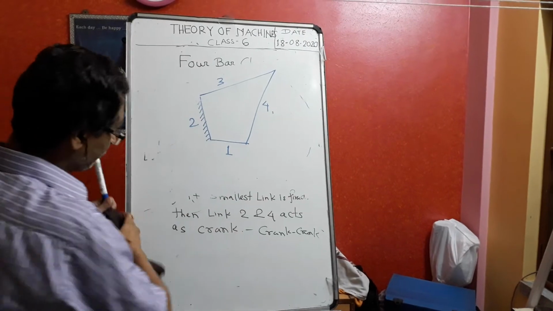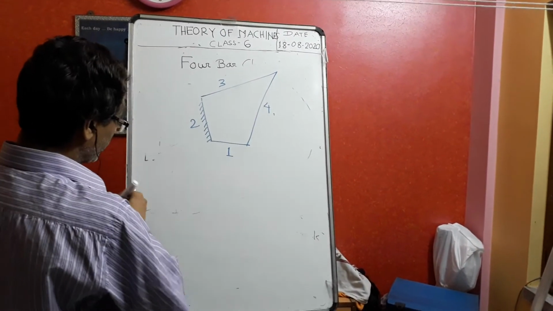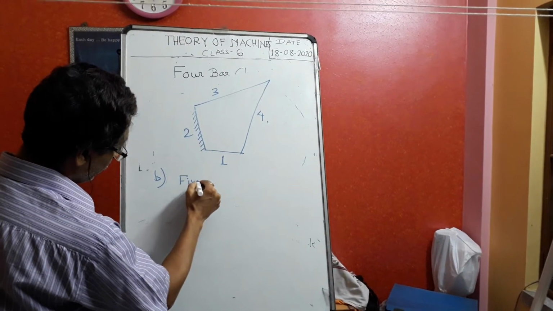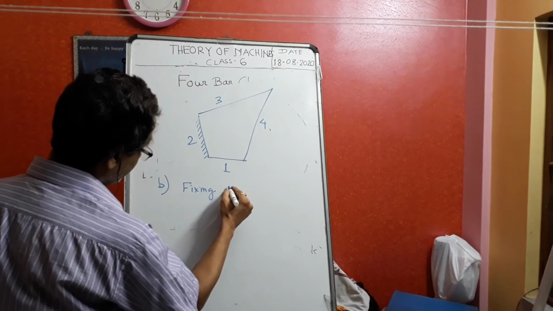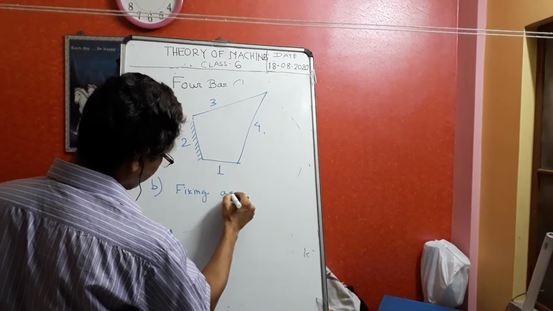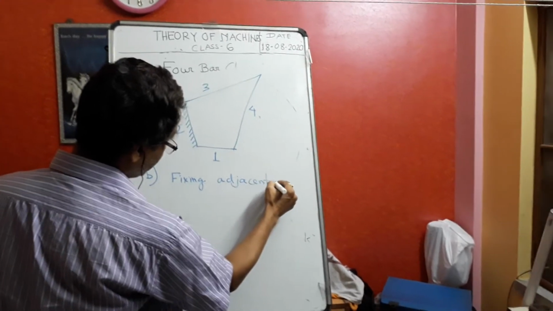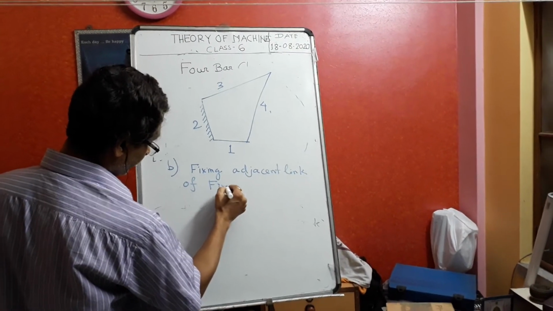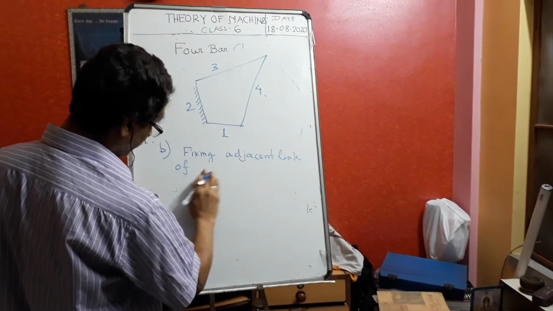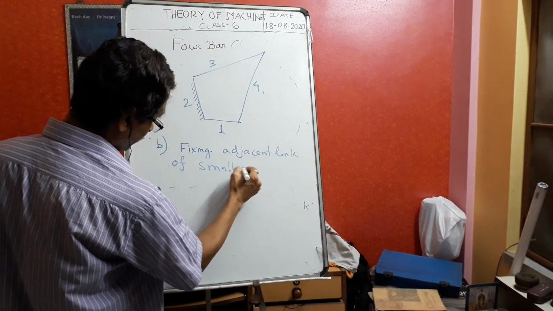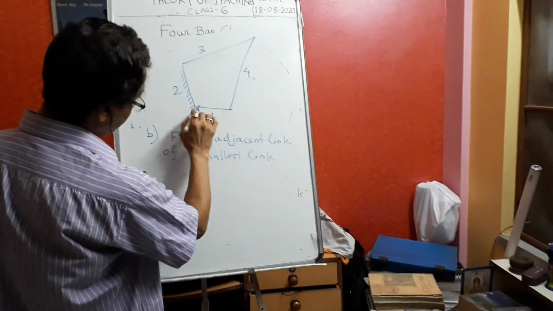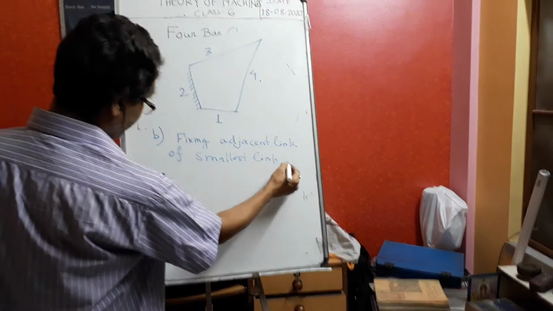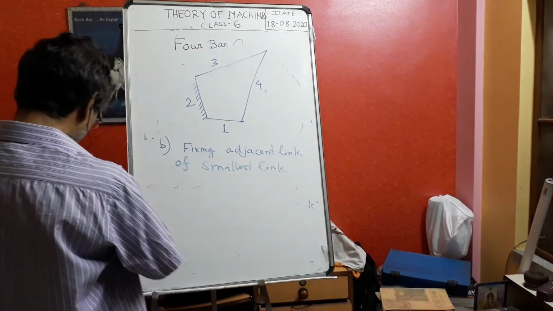Now if I fix link number 2, second case B, we are fixing the link adjacent to the smallest link, either 2 or 4.